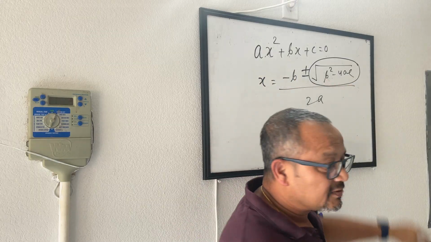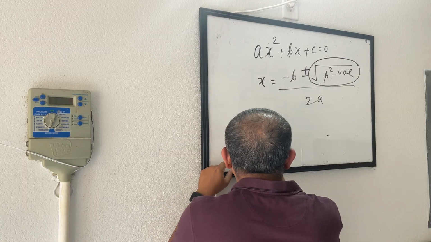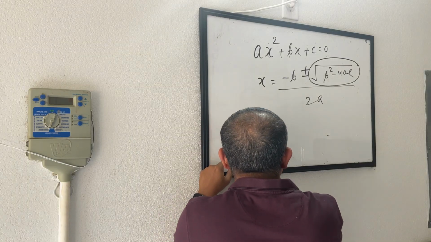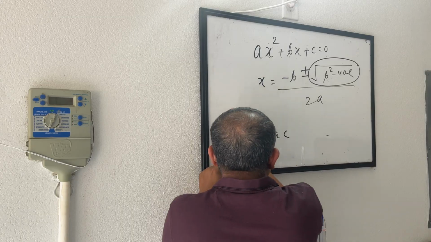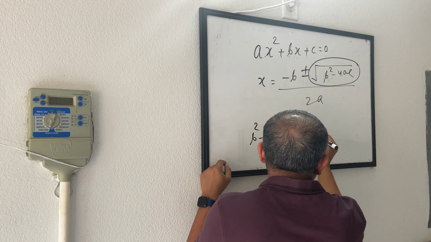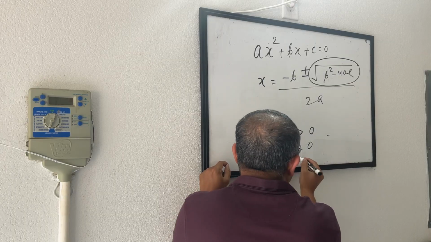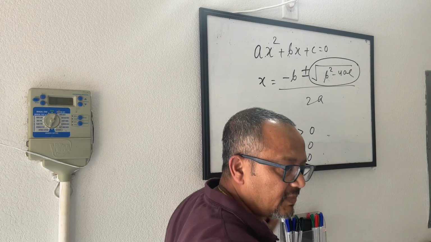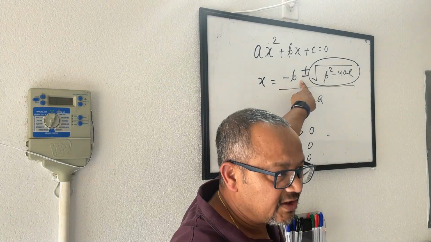If b square minus 4ac, let's say the square root of b square minus 4ac, now we have three options, right? This could be greater than 0, this could be equal to 0, this could be less than 0. When it is equal to 0, we saw that we will have only one solution for x.